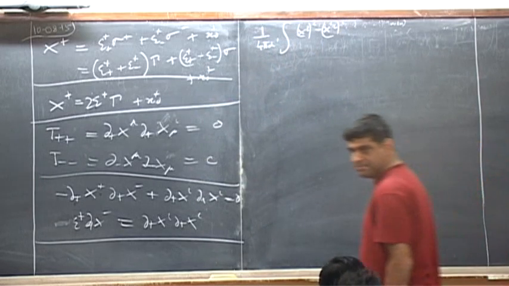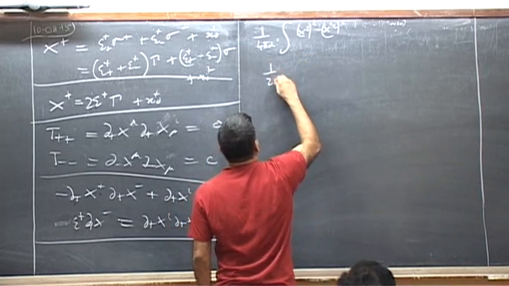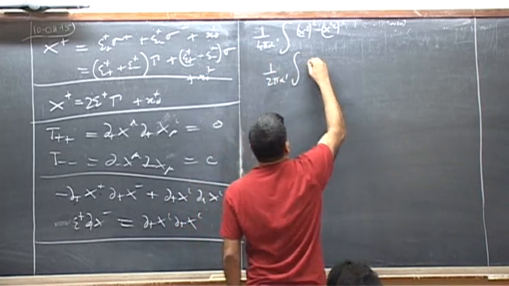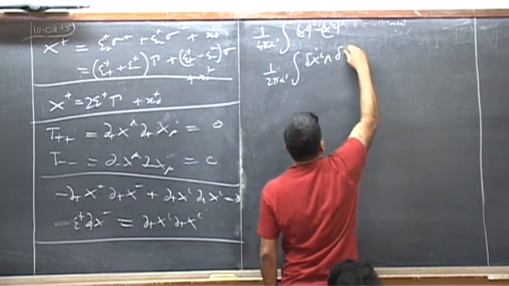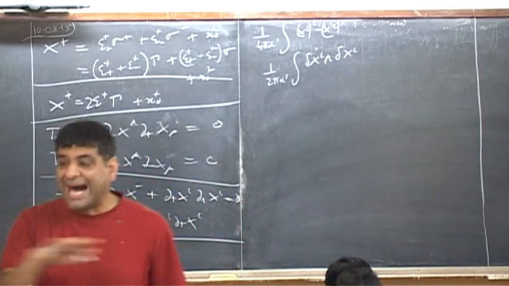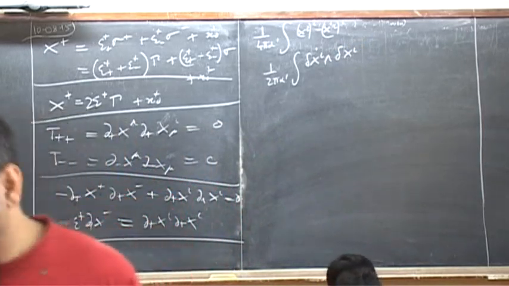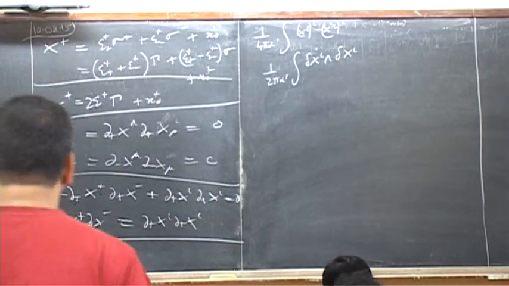This was our action, and our symplectic form was 1 by 2 pi alpha prime delta xi dot wedge delta xi. This was the symplectic form on the I space, where I runs from 1 to d minus 2.